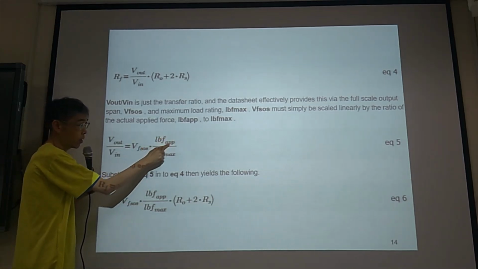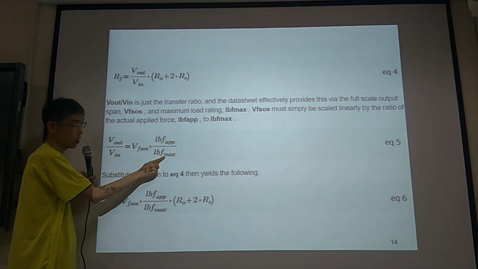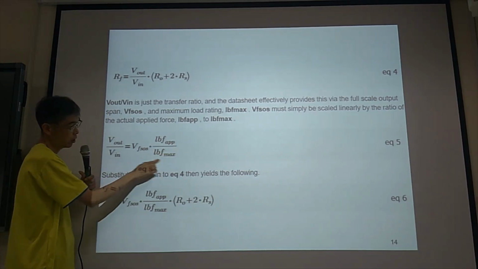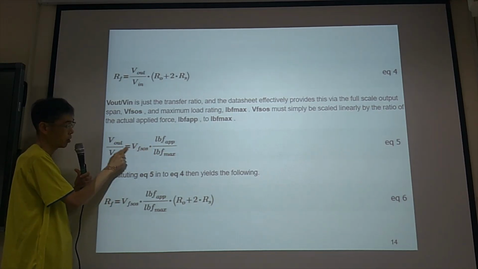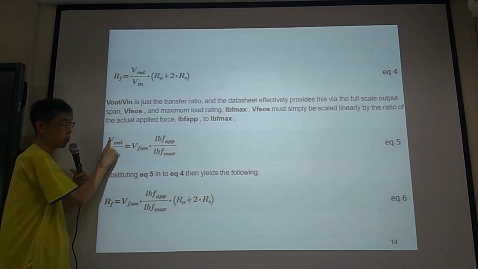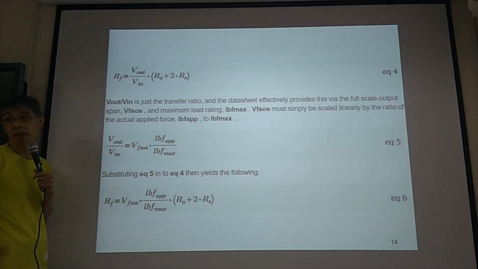So the force you applied divided by the full scale maximum force, times the full scale output span, is V out divided by V in. This is the relation given by the company.